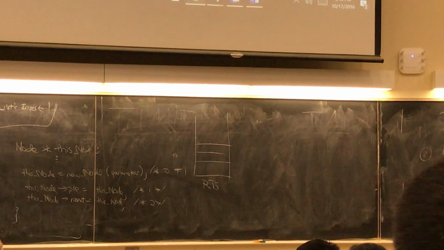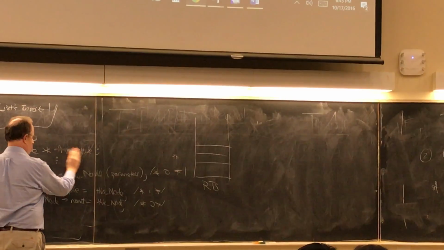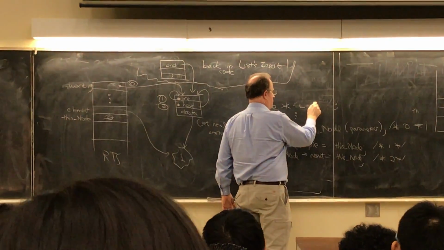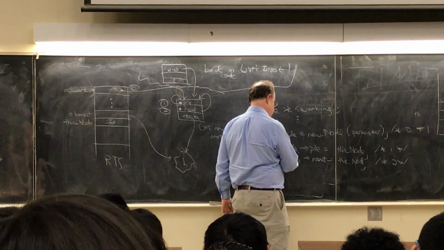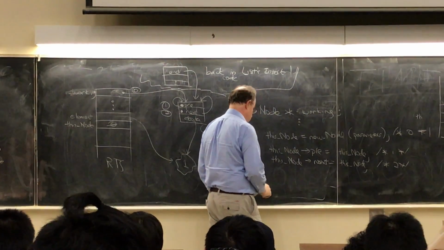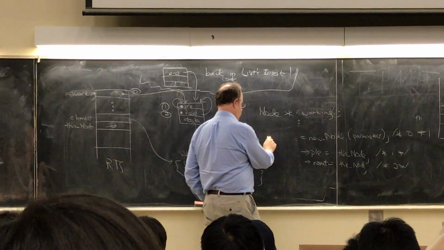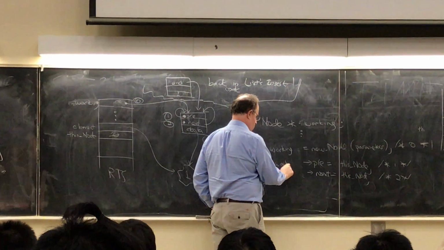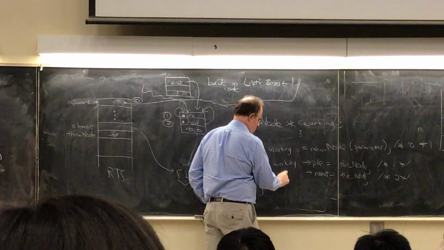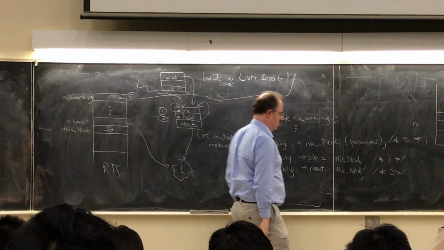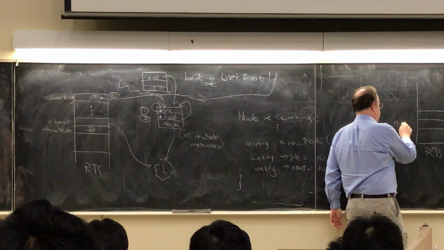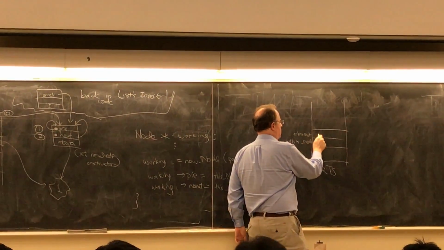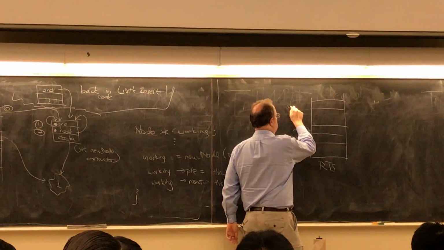If that's called working, you guys didn't correct me on that. All this would just be working. Here's our runtime stack, this node. And then we have element again. And we have a working pointer.